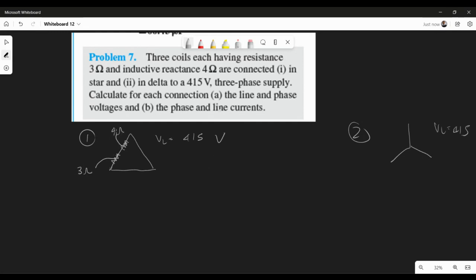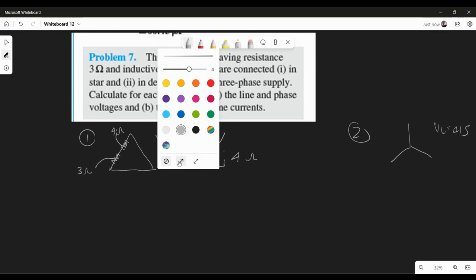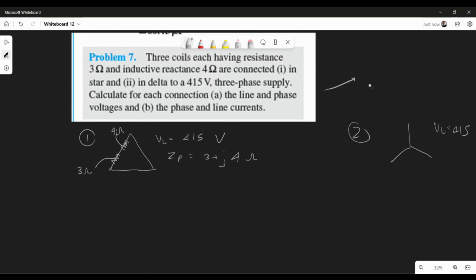Cool. So how do we calculate current in an AC circuit? Who can tell me? Who still remembers? You guys forgot.